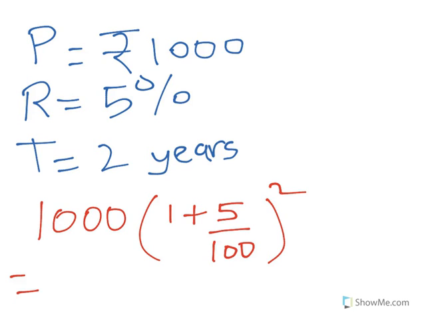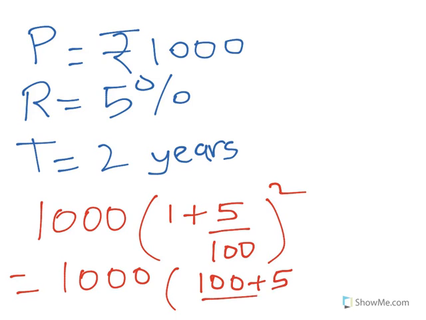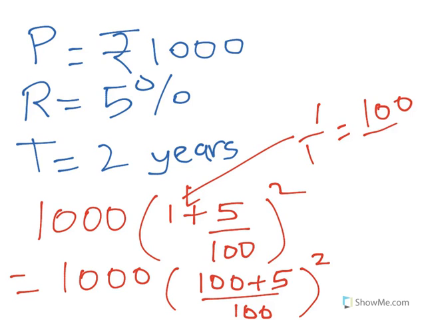Okay, so I'm going to simplify this. 1000 times, you have to make the 1 an equivalent fraction, so 1 is just going to be 100 plus 5 by 100, because 1 is the same thing as 1 by 1, which is the same thing as 100 by 100.